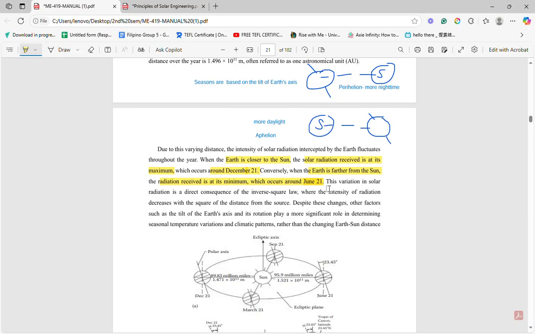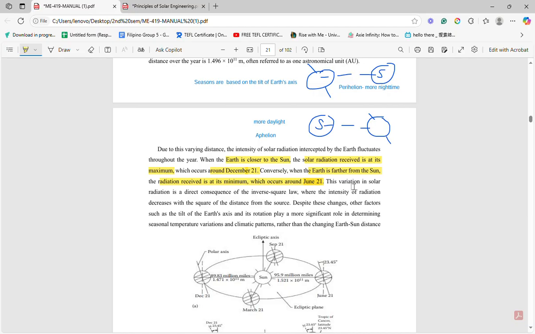So that is basically the difference. If we are talking about the solar radiation received, it is at maximum during December 21. But if we are talking about the solar radiation accumulated in a day, we can harvest more on June 21, because we have a longer daylight because of the actual tilt.